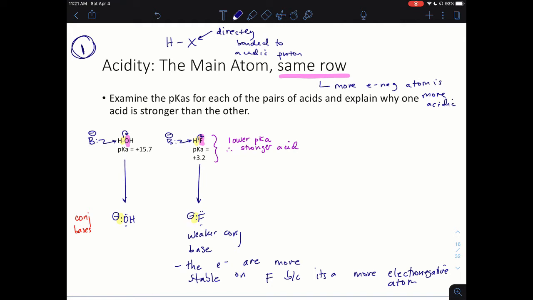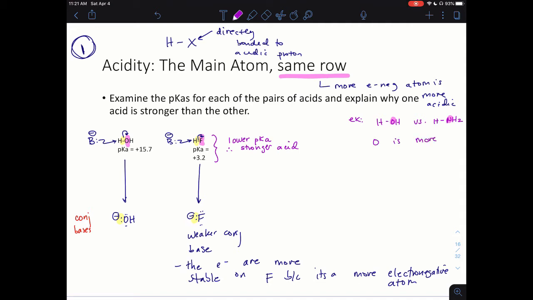And we already know this. We can think about an additional example: the pKa of water versus ammonia. We have different main atoms.